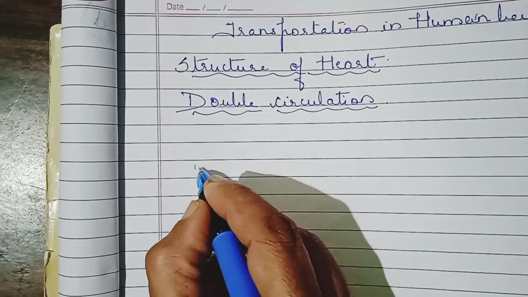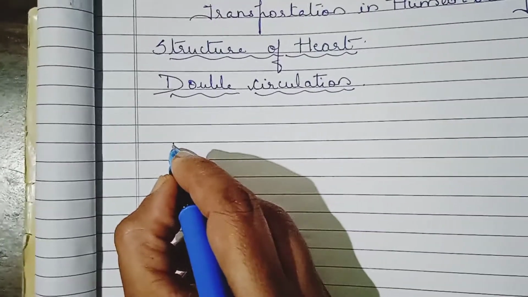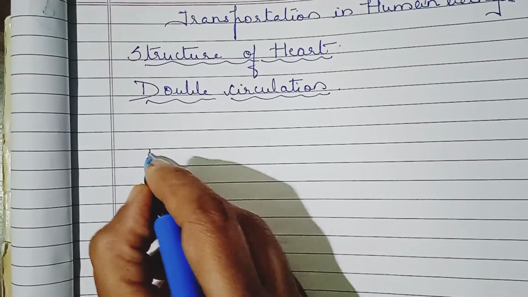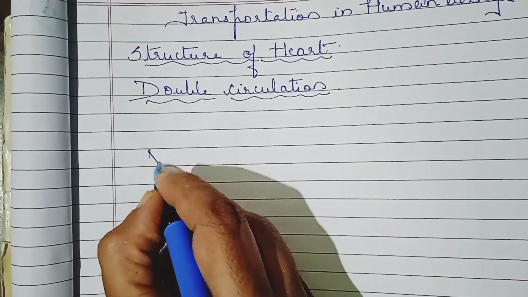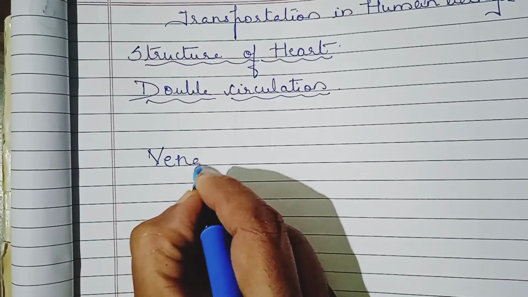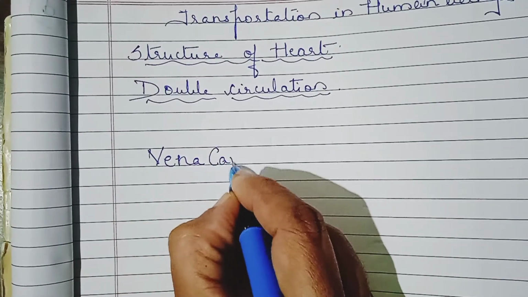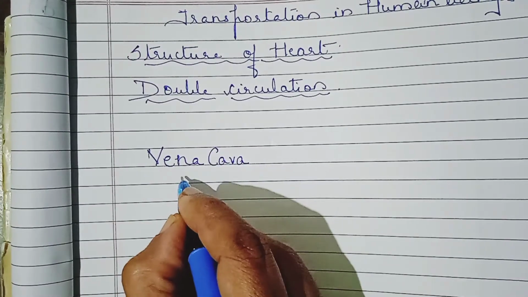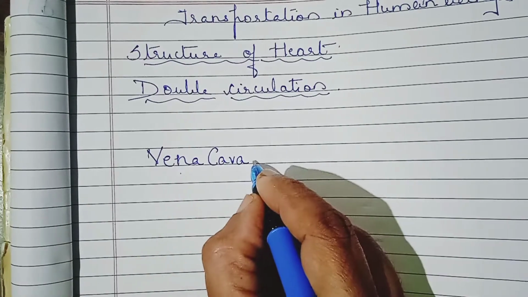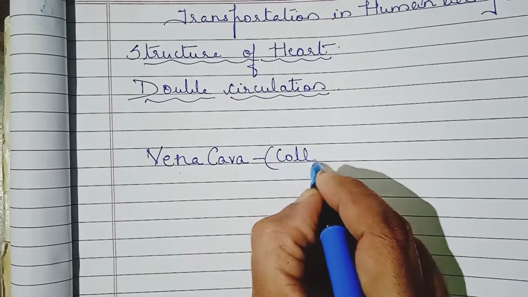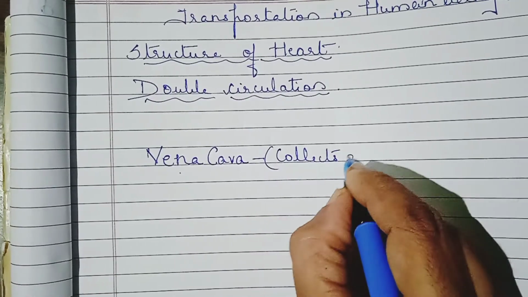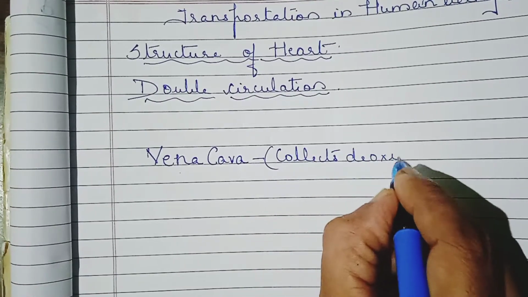So here the first is we have the heart. The deoxygenated blood is carried by the largest vein in your body, that is the vena cava. What does it do? It collects deoxygenated blood.